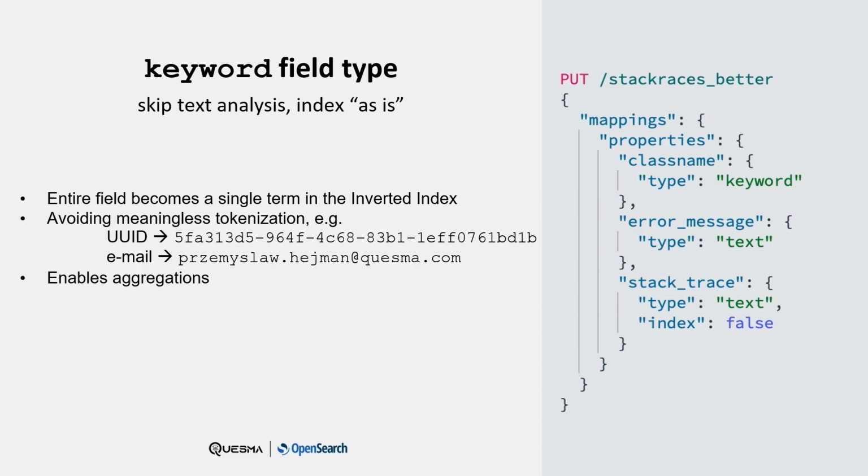If you think of any structured data, like zip codes or IDs or emails, this can even be harmed by meaningless tokenization. So it may just not make much sense to use a full text field for things like that.